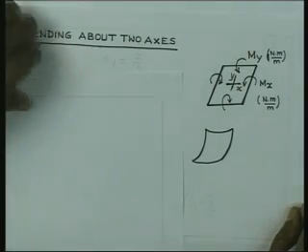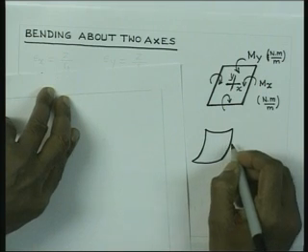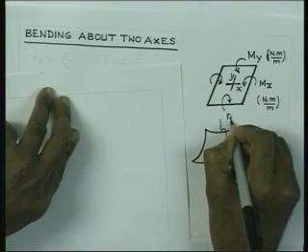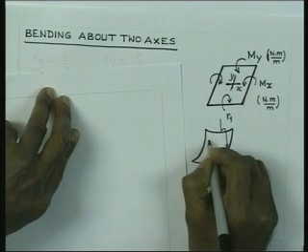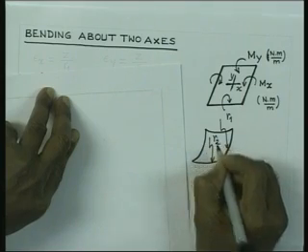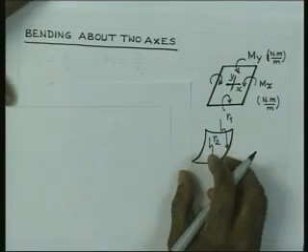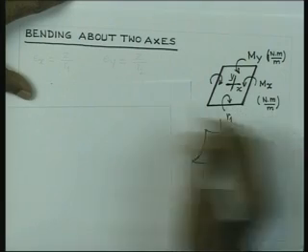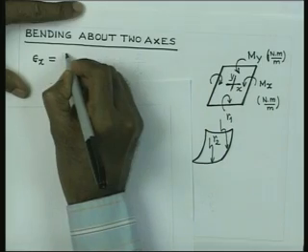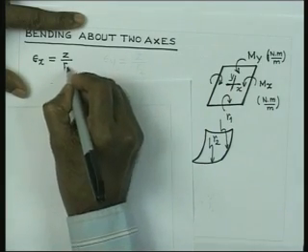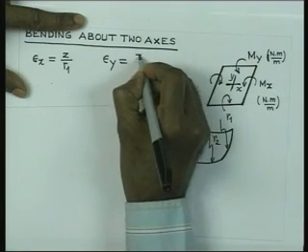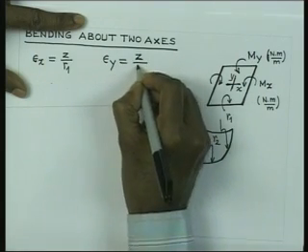So, we can now write, if the curvature due to M1 is, let us say, 1 by R1, and the curvature that we get in this direction is 1 by R2, then we can write the strain in the x direction as epsilon x equal to z by R1, and similarly epsilon y is nothing but z by R2.